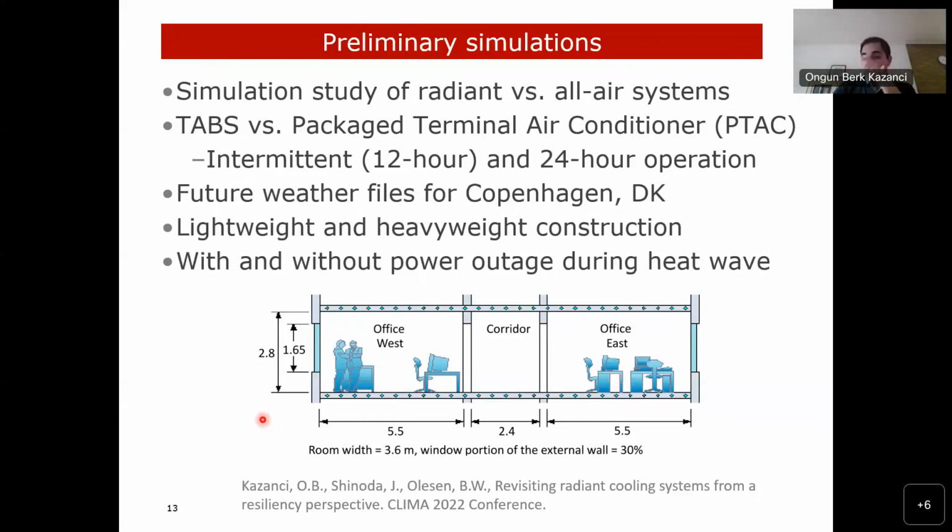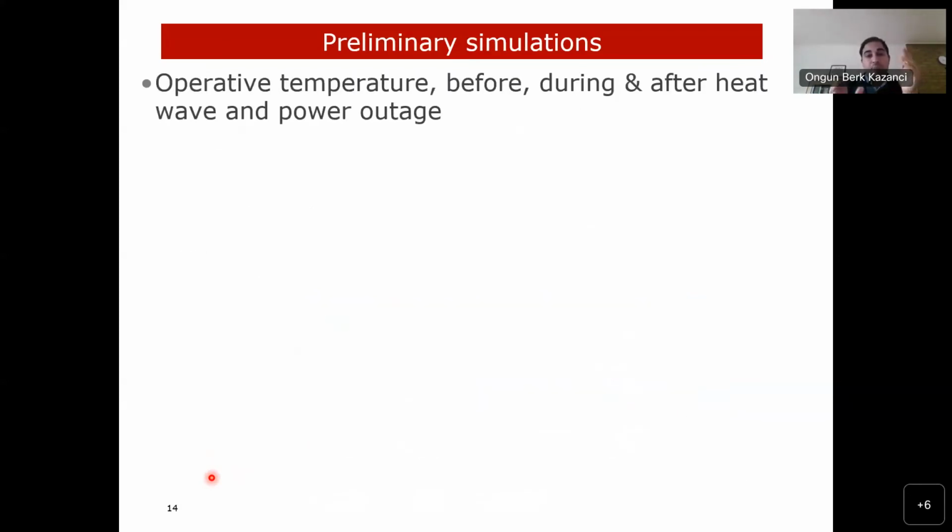I will not go into all of the details, but if you would like to read more about this study, you can find the details in the Klima 2022 conference paper.